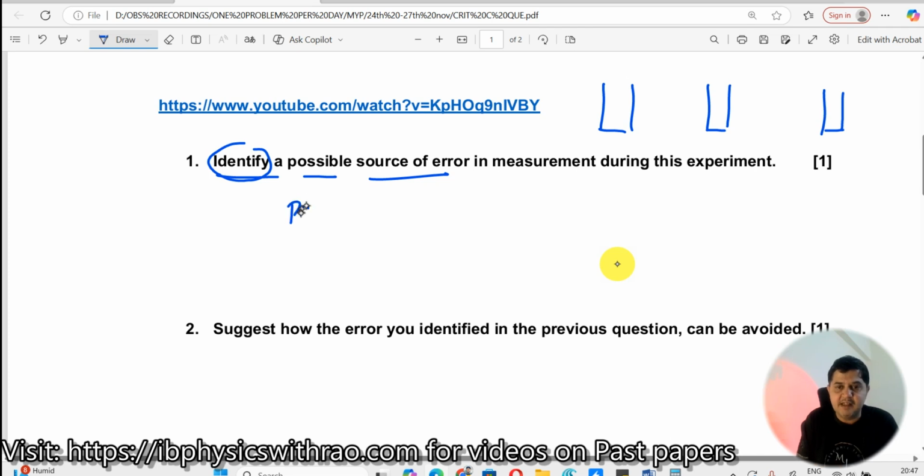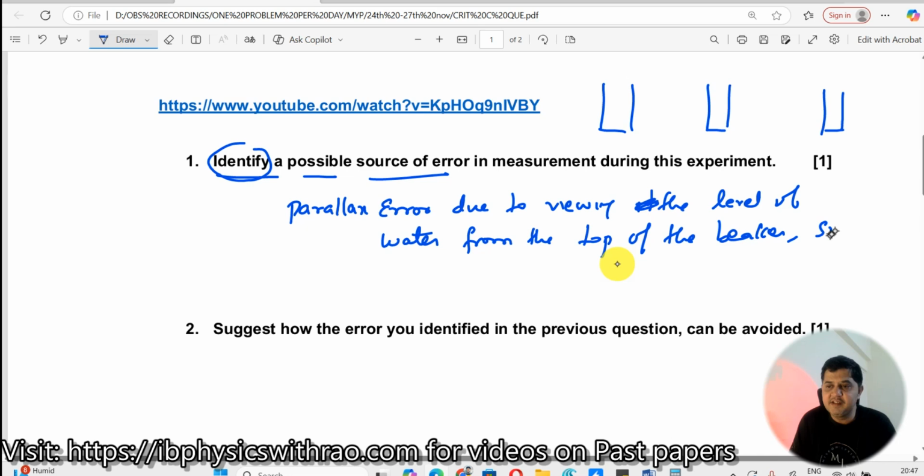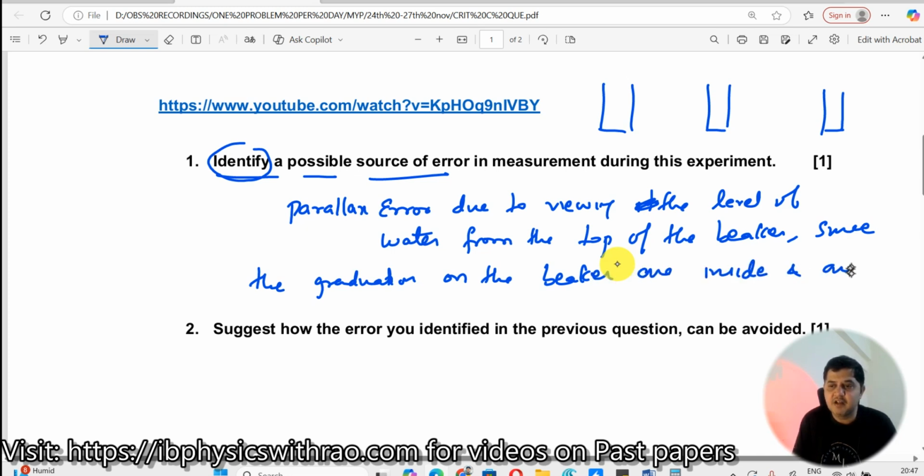Okay, so therefore this could be a parallax error due to viewing the level of water from the top of the beaker since the graduations on the beaker are inside and are not visible.